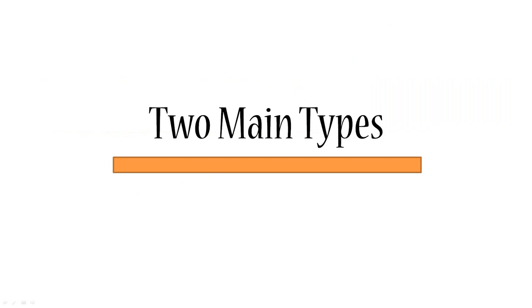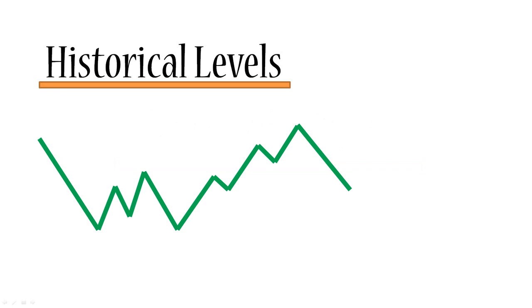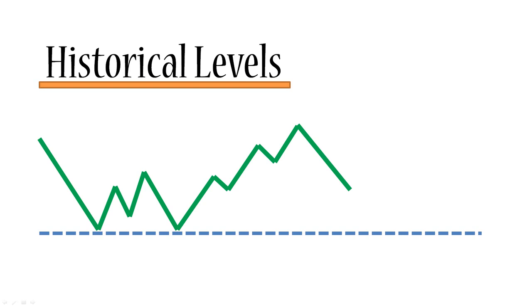Let's have a look at the historical type first. Looking at this chart, can you identify any horizontal lines that have been tried and tested by the price more than one time? We can see one of those lines right away. It's this horizontal support line. The price tested this line over here at first, and then it came back to this line here.